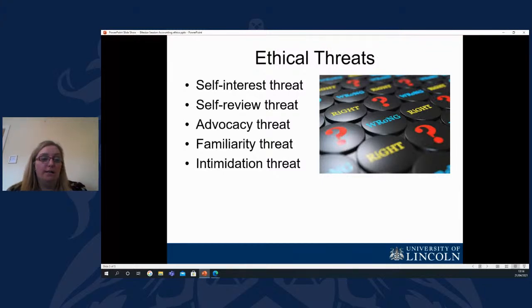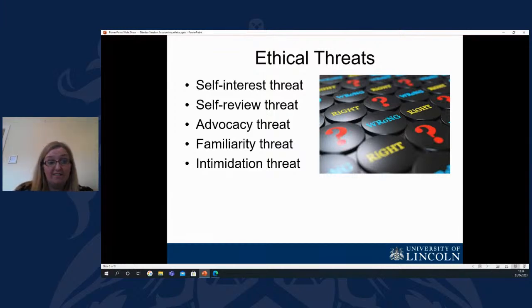What's more likely is they'll say something like, if you don't give me the report I want, I will not give you any more accounting work. And that's quite a difficult one because that is a threat and that is intimidation. They're trying to intimidate you to give them exactly what they want by threatening to fire you, essentially.